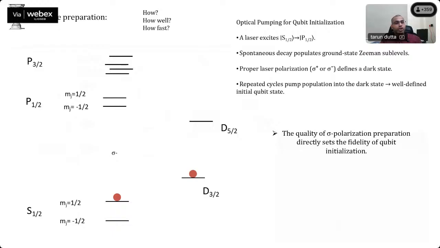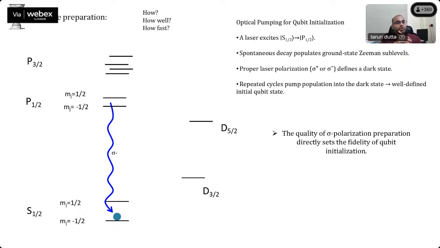And why am I not talking about any polarization for the red laser? Because I don't need it. The red laser is very broad and I am using it as a repumper so that the population will not get stuck in this state. So that is how you can prepare. But again, what matters is fidelity. If you measure the population in the S1/2 mj = -1/2 state, whether it is 100% or less, that matters. Ideally it is supposed to be 100%, but experimentally it is not.